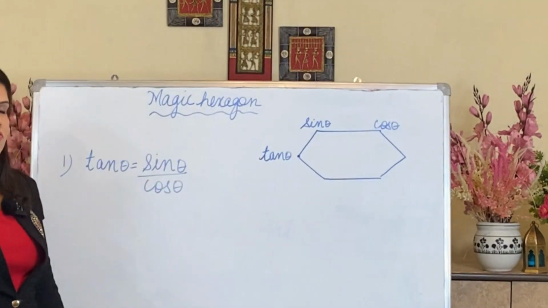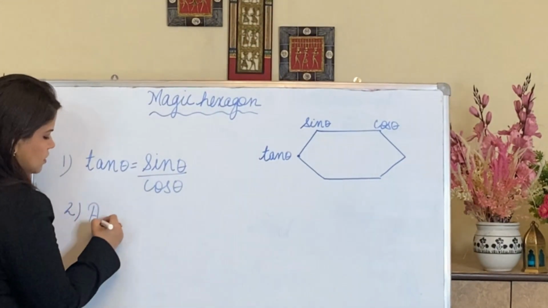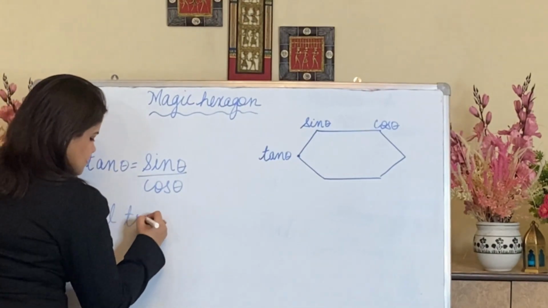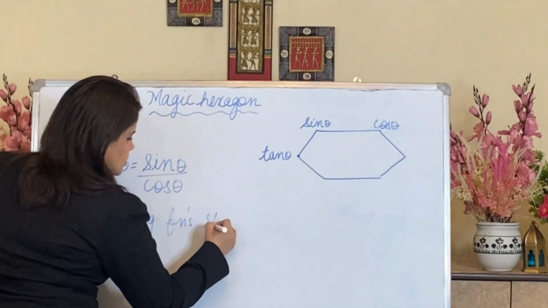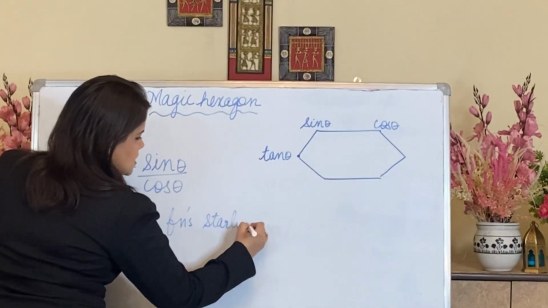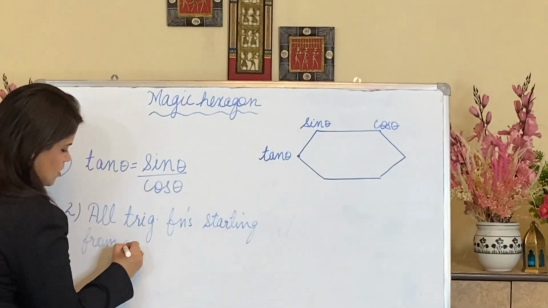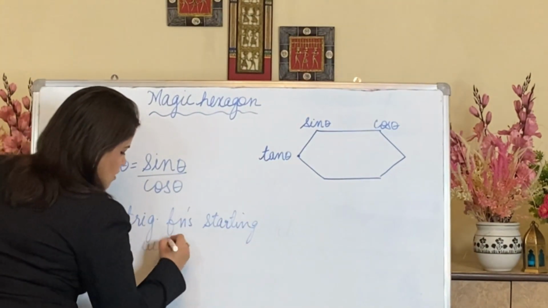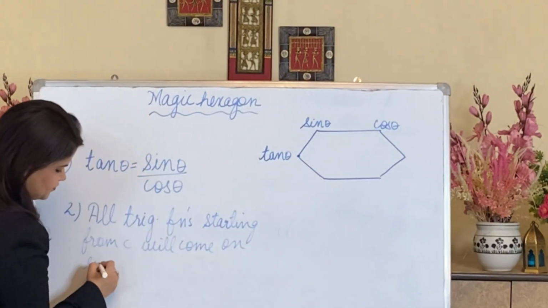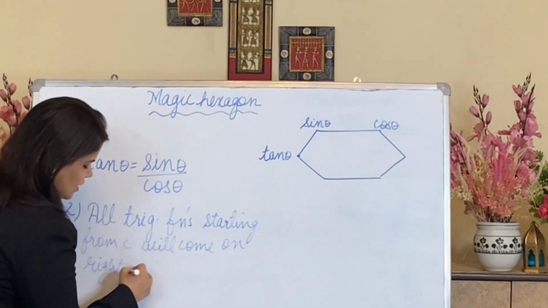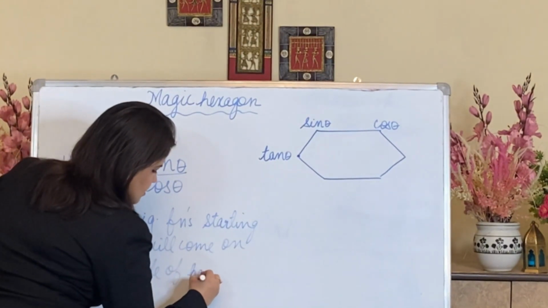The second thing which you will remember is all the trigonometric functions starting from C will come on right side of hexagon.